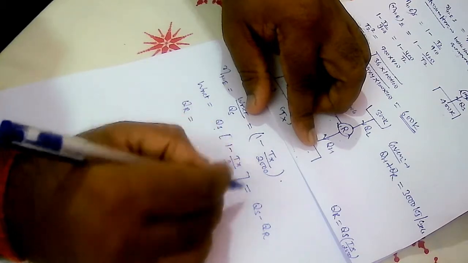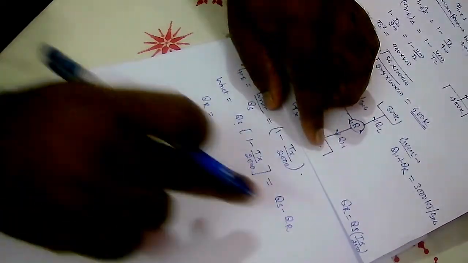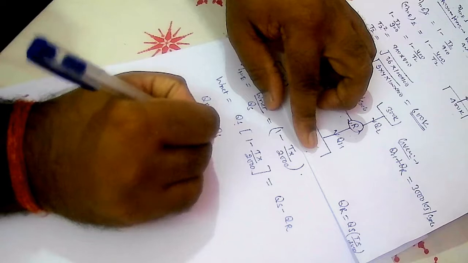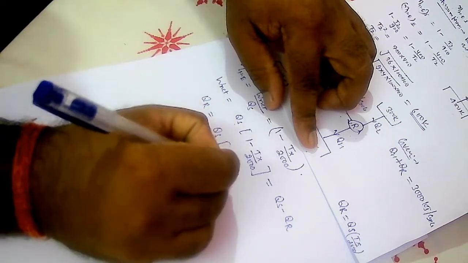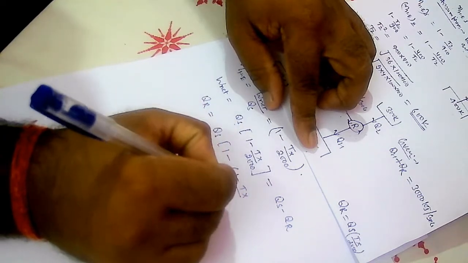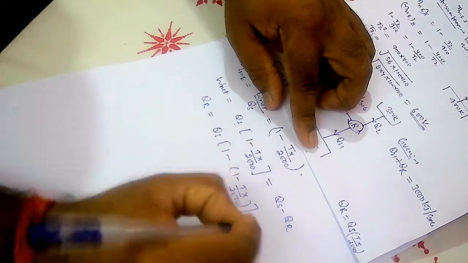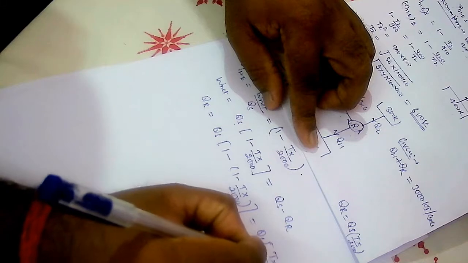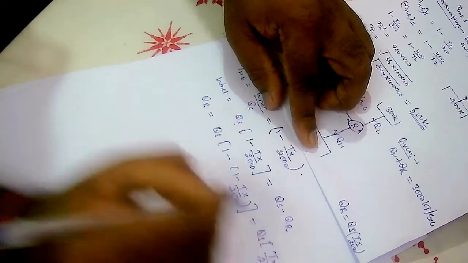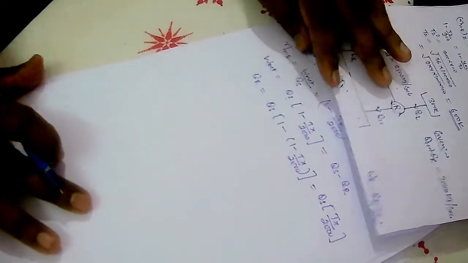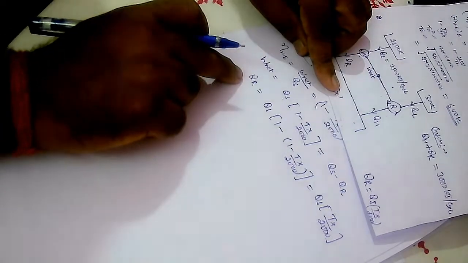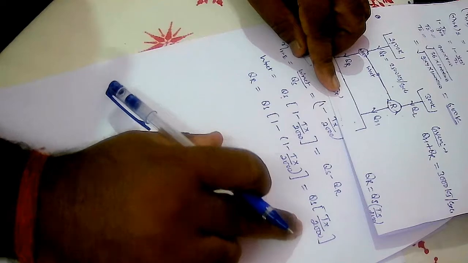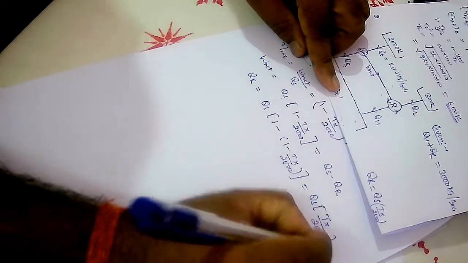Qs is common, so you can write 1 minus Tx divided by 2000. So this can be written as Q supplied times Tx divided by 2000. So now I know Q rejected is equal to Q supplied Tx divided by 2000. Just leave this here as equation number 1.